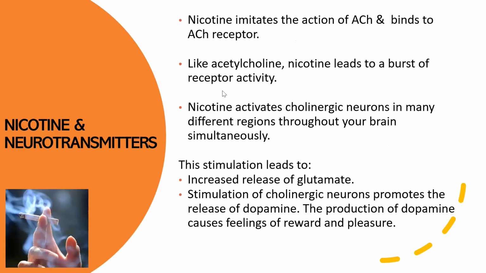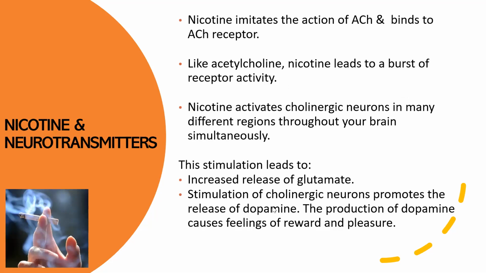So nicotine, what does nicotine do? We know that sometimes people take cigarettes or e-cigarettes. Nicotine imitates the action of ACH and binds to the ACH receptor, and it leads to bursts of activity. It can result in release of glutamate, and also promotes dopamine release.